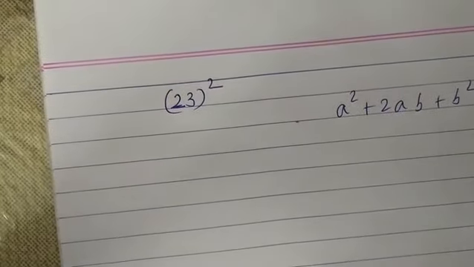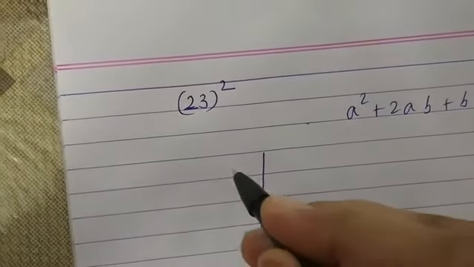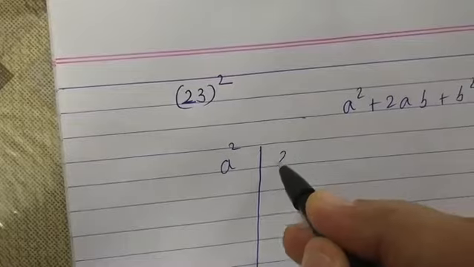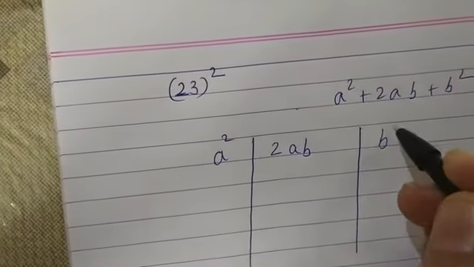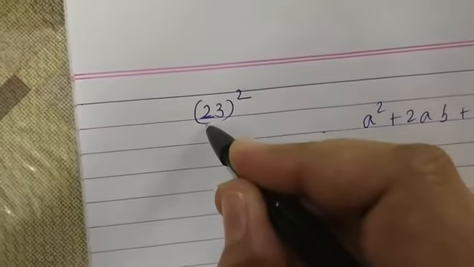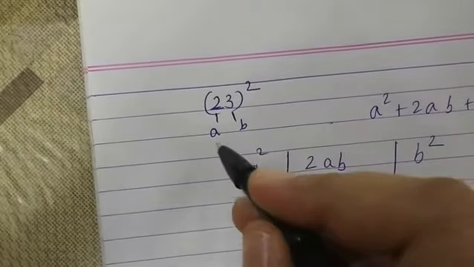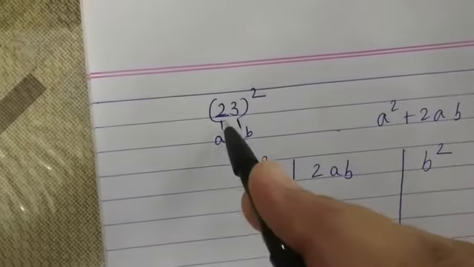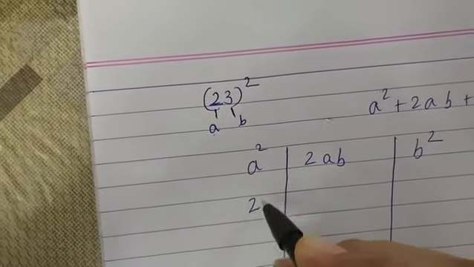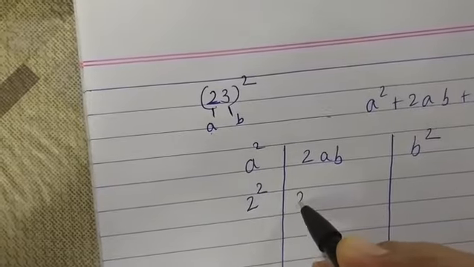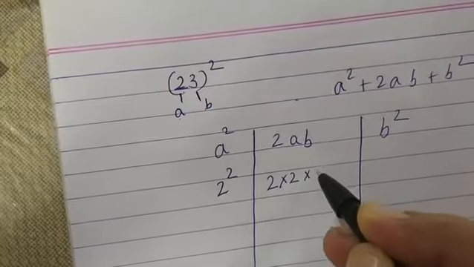So we'll make three columns here. The first column is a square, the second column is 2ab, the third column is b square. Then in 23, we will consider a as 2 and b as 3. So the first is a square, meaning 2 square. Next is 2 into a into b, which is 2 into 2 into 3.